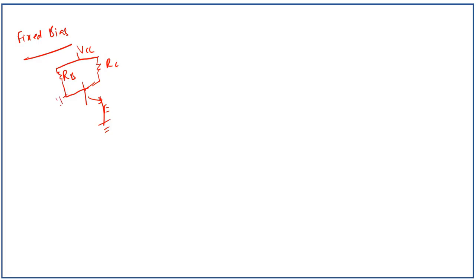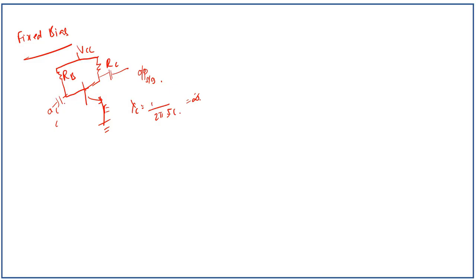We have the capacitances, and we remove the capacitances in the AC output signal, and also the output side capacitance here, and redraw the circuit because XC equal to 1 by 2 pi FC, so it becomes infinite when we go for the analysis. We'll write the KVL for the input side and output side and have the equations.